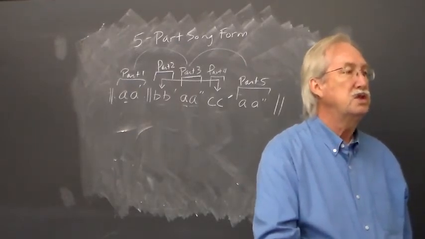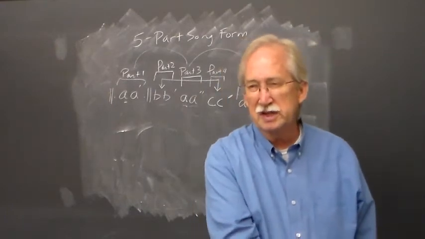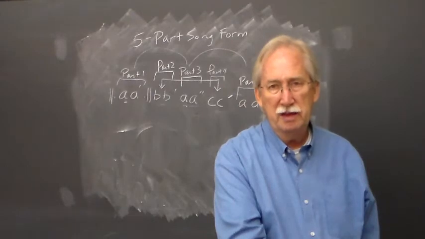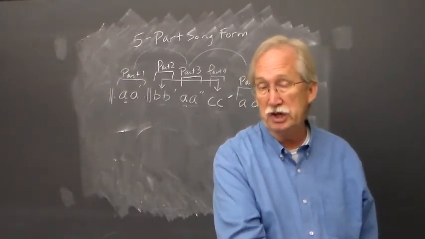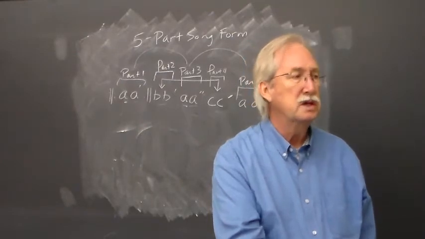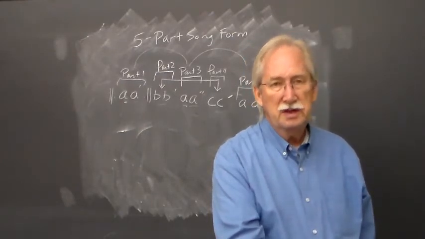What I want you to do with this one is just listen to it and try to identify the return of the opening material. You'll be able to do that hearing it just once. And this one's a little trickier.